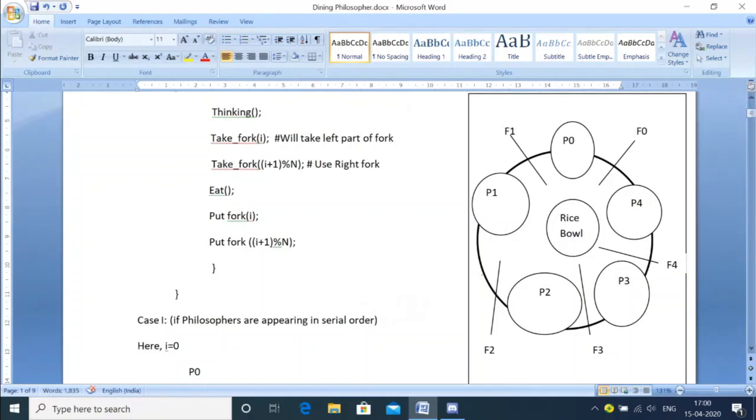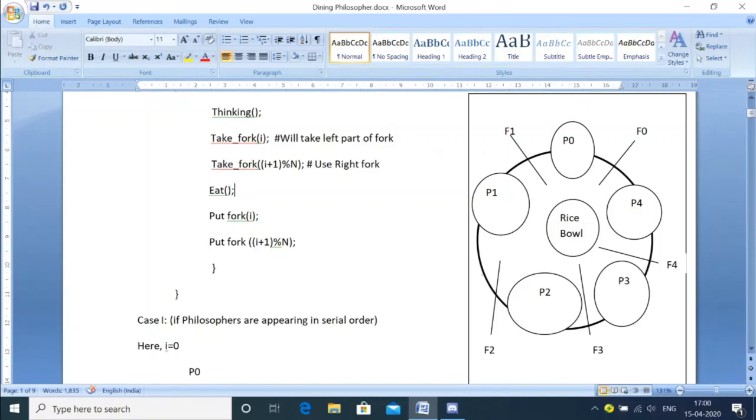It picked them because we executed these two statements. Then what is the next code here? Eat. Using this eat function, the philosopher will be able to consume the rice. Once it has consumed, it has to release the forks. So how will it release?